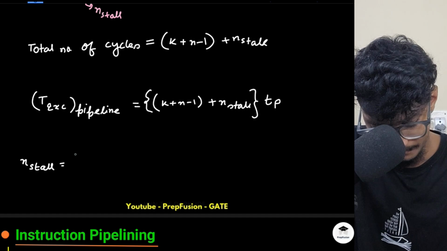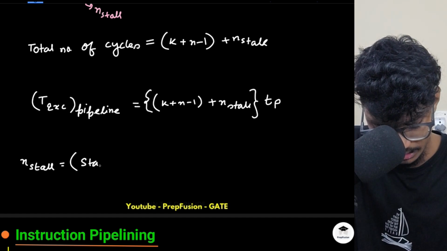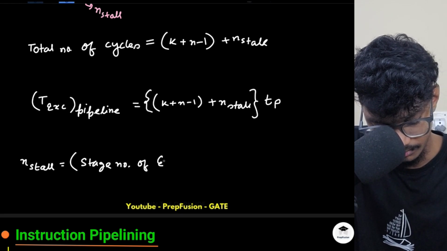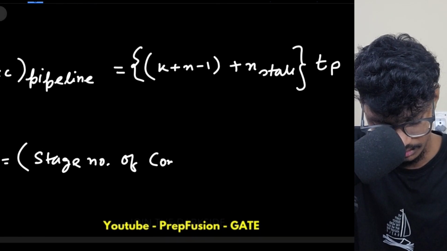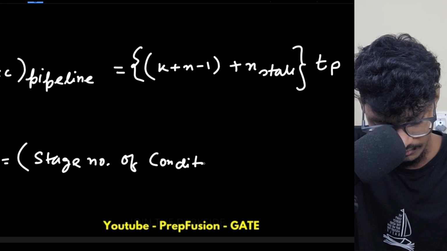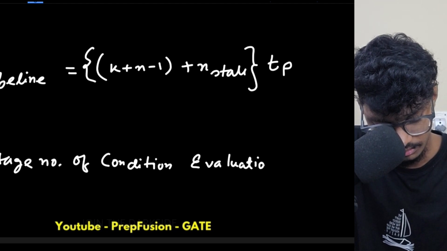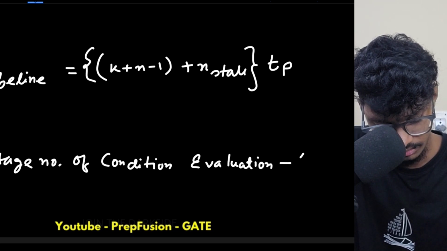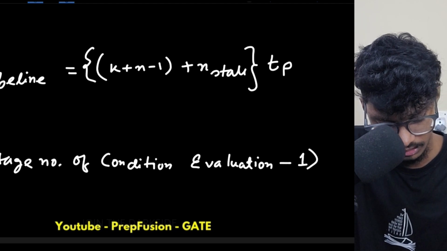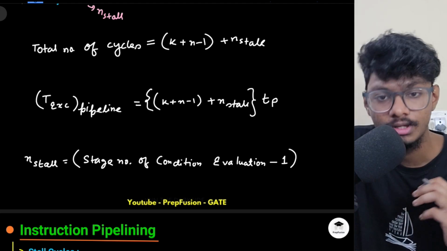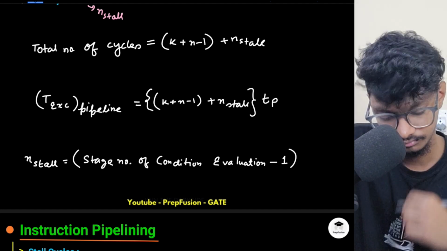So it is the stage number of branch condition evaluation minus 1. That is the number of stall cycles.